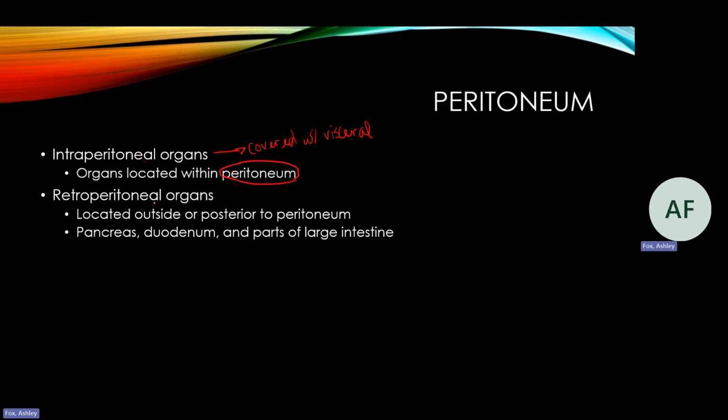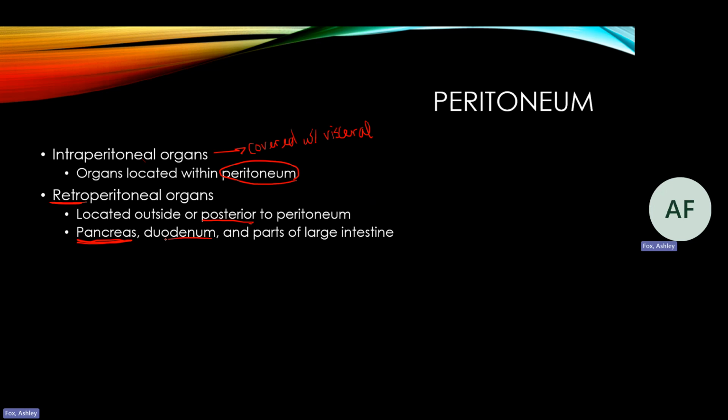Then we have retroperitoneal organs, and retro usually means behind. So this is going to be organs that are posterior to the peritoneum. So they're actually not included in that. And these organs are going to be the pancreas, which is actually not involved in the peritoneum.